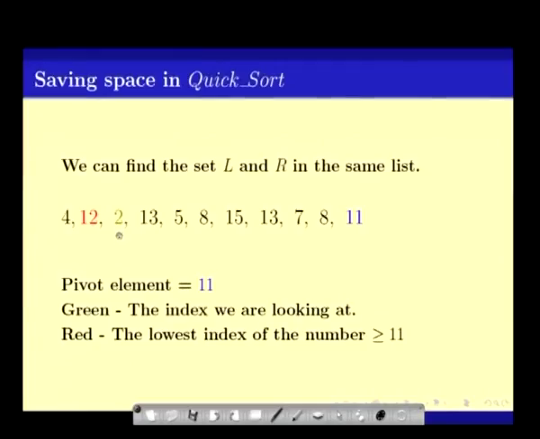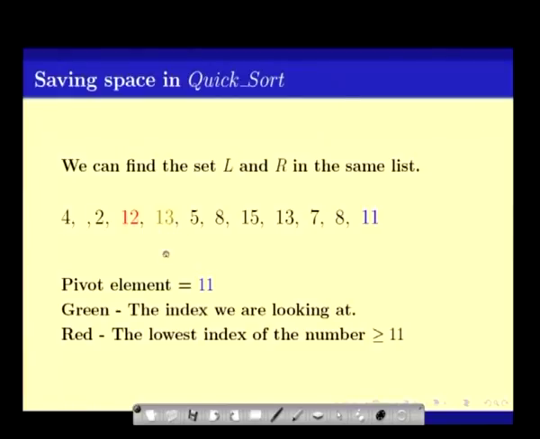Again, we see that this 2 is less than 11, so it should be on the left of 11, but there exists a red marker to the left of it. So, we just exchange 2 and 12.